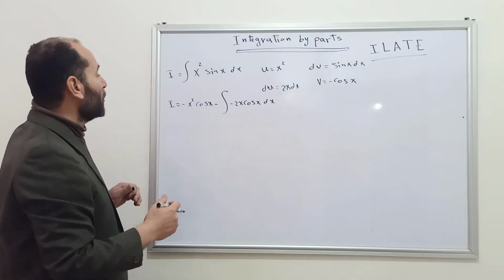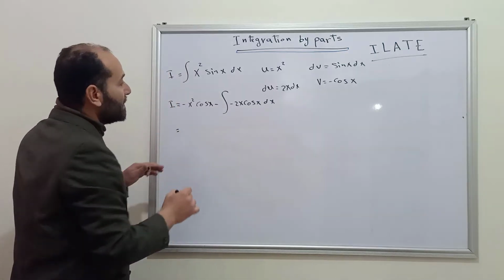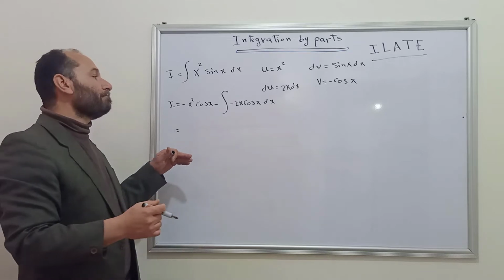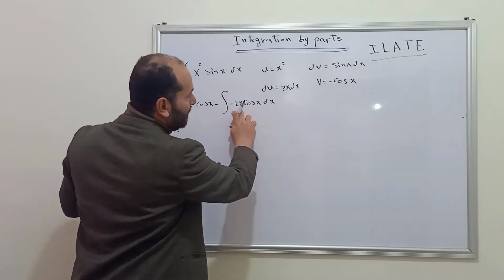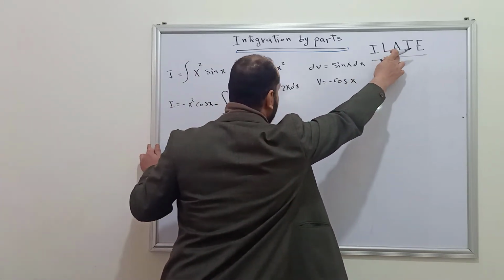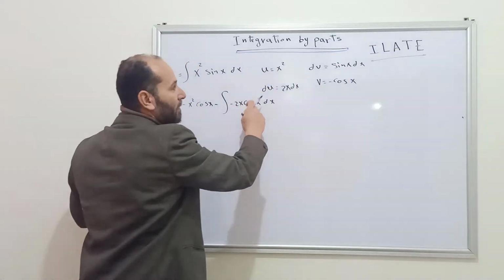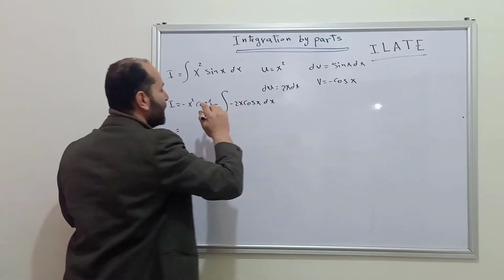Here we use this technique again because 2x is algebraic and cosine x is trigonometric.